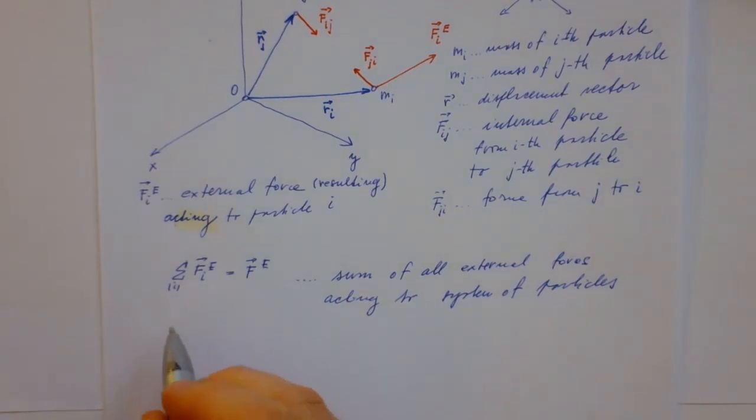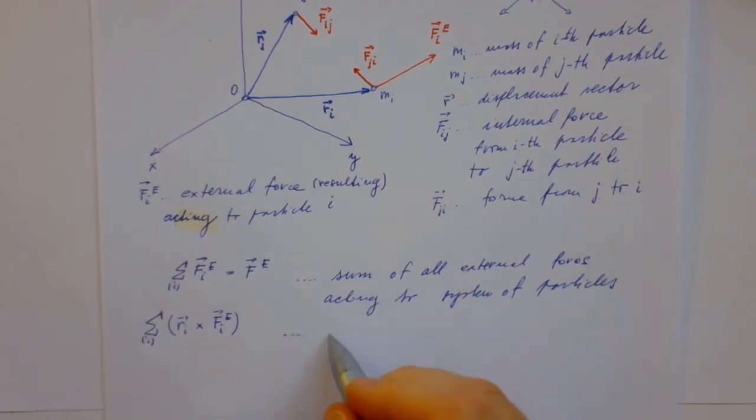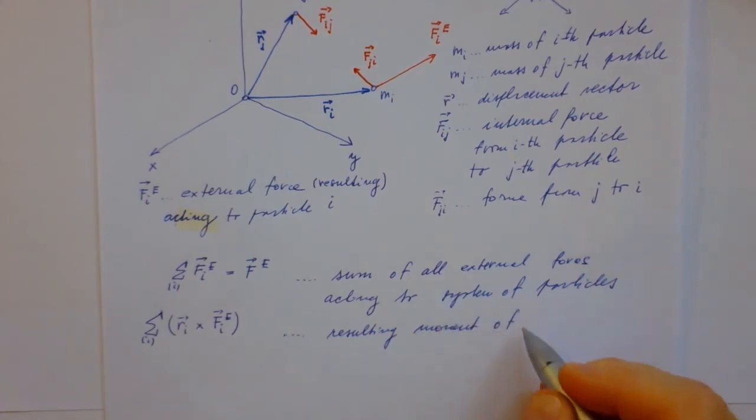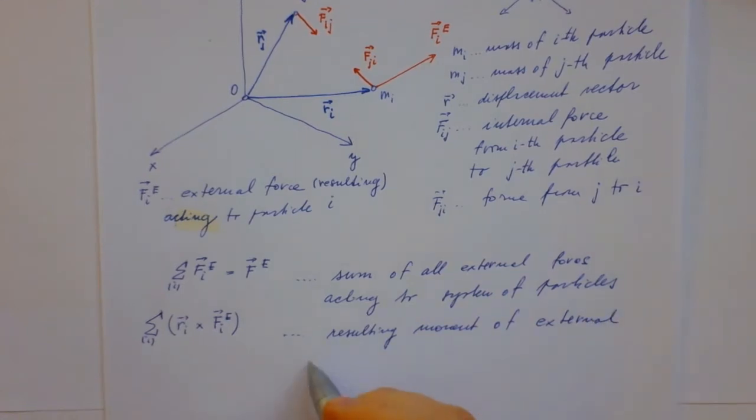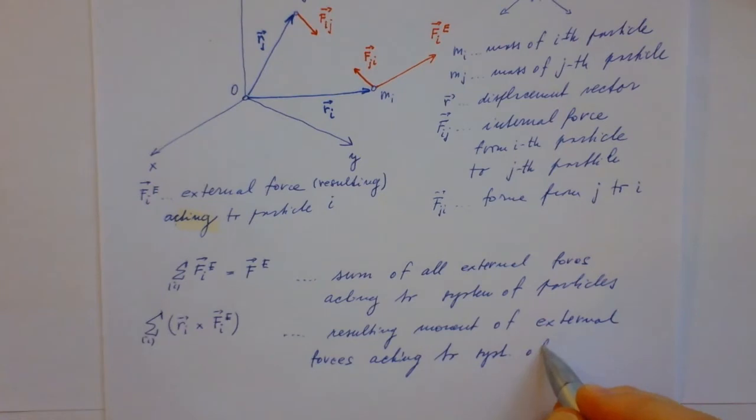And similarly, we can denote that displacement vector ri by external force Fi, and the sum of this over all particles is a resulting moment of external forces acting to the system of particles.